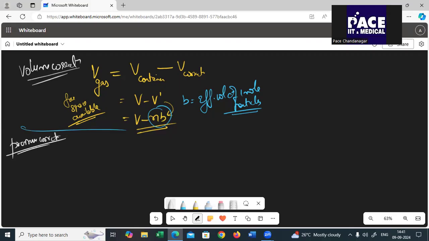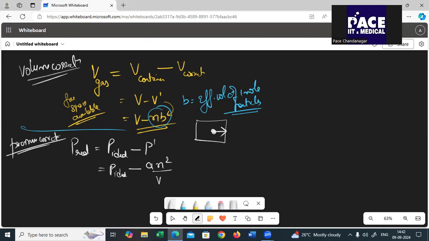And pressure correction, as I just showed you, is where a molecule will hit, and that is nothing but force by area, right? So P real is P ideal minus P dash, which is P ideal minus a n square by v square. Why n square by v square?